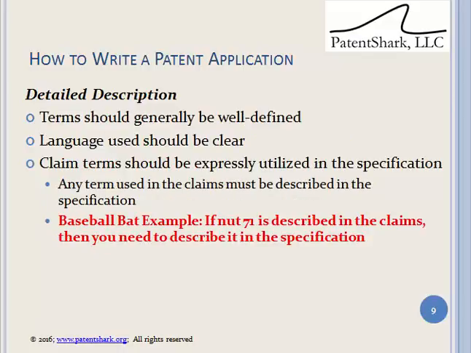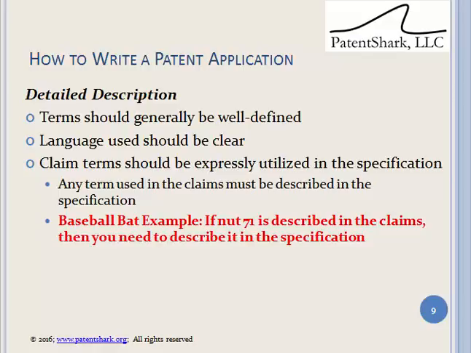Here are some more pointers for the detailed description. Any terms used should be generally well defined. So the language you use should be clear and concise, and it should describe how this invention works. Any terms that you used in the claims must find support in the specification. This is very important. So what does that mean?